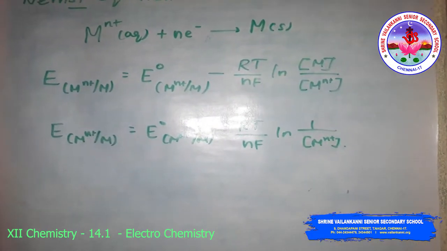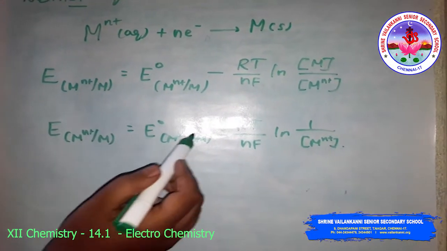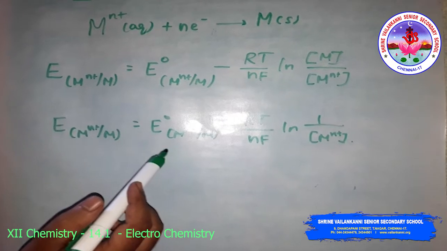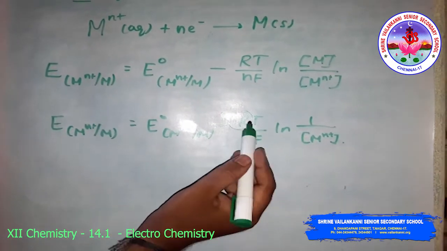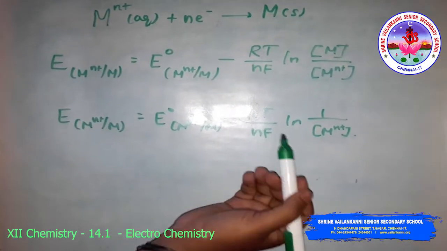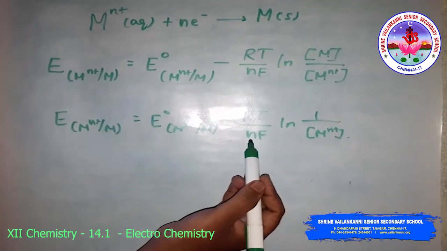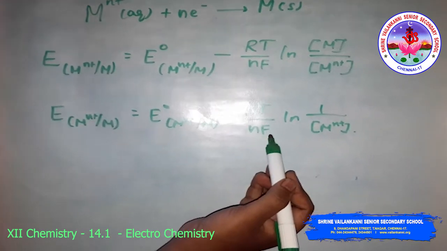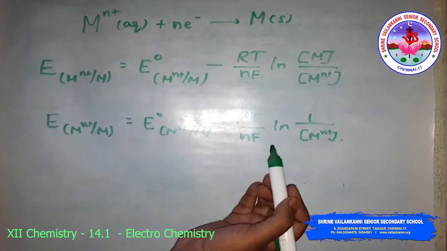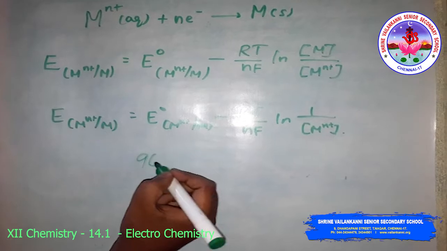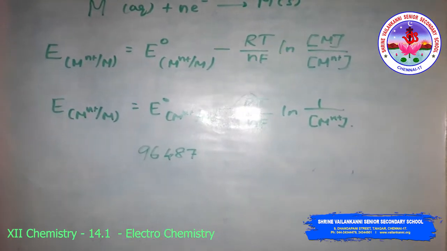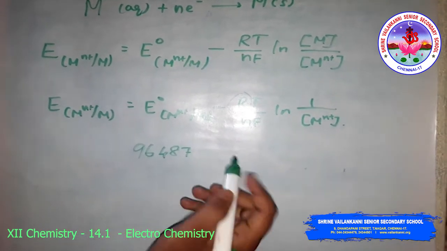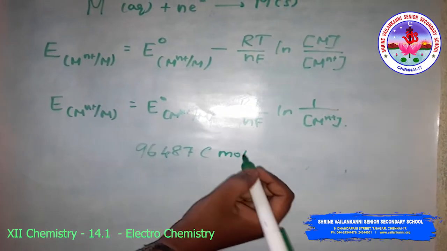Okay, here this E naught metal has been defined. R is the gas constant, T is the temperature at 298 Kelvin, n is the number of electrons, F is the Faraday. The Faraday unit we already know is 96,487, or approximately 96,500 coulombs per mole.